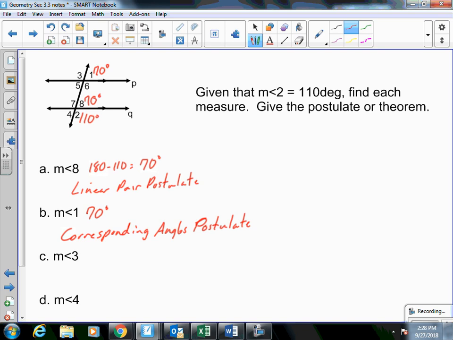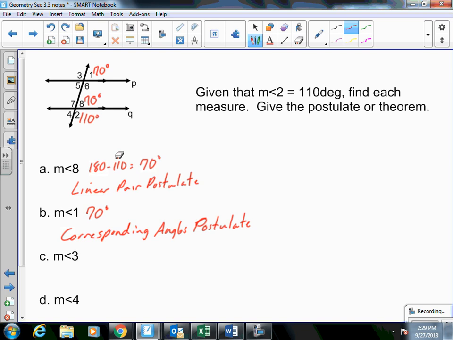All right, so now let's look at angle 3. We want to come up with a way that we can figure out what it is without using something we've already used. So don't use a linear pair postulate or corresponding angles postulate. Is there another relationship we can use here? All right, so 2 and 3 are both exterior angles. They're on different sides of the transversal, so they're alternate exterior angles.